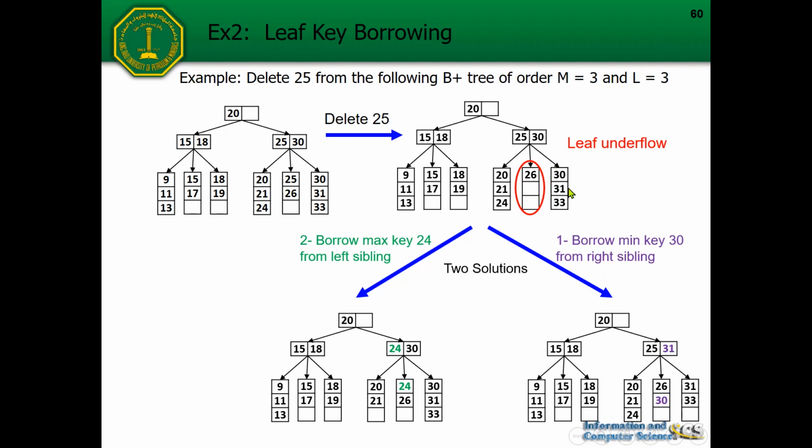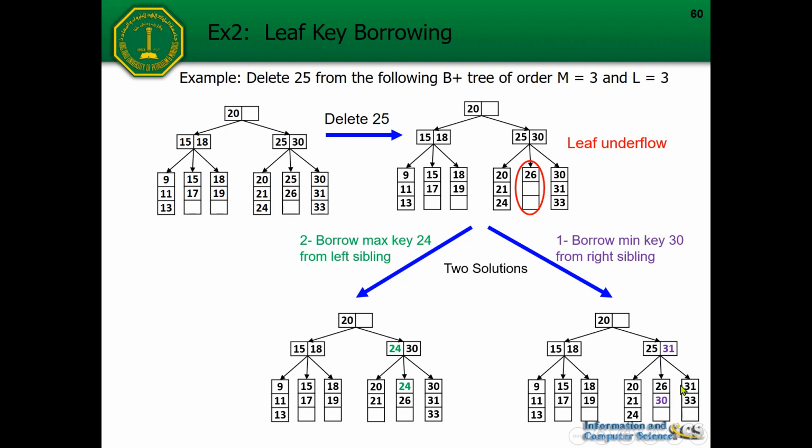By using the previous diagram, we know that when we want to borrow a key from the right sibling, what we do is take the minimum value, which in this case is 30, and put that after the keys in this node with the underflow, like this. So the 30 will go after the 26. Then after that, we remove the 30 from the right sibling.